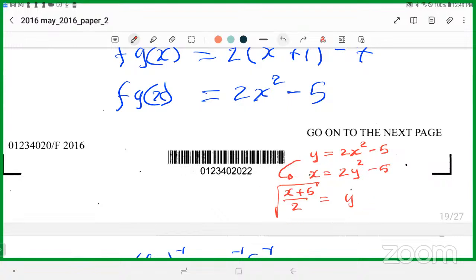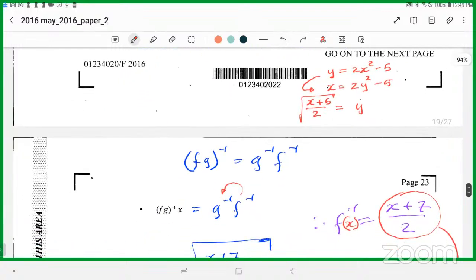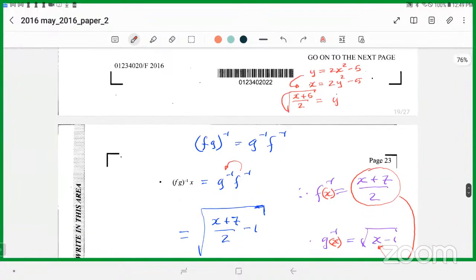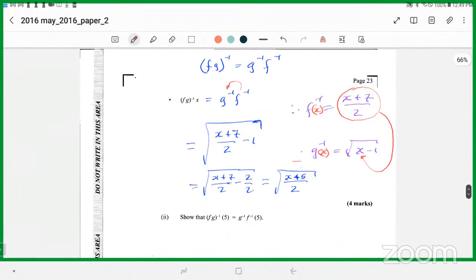The square root of (x + 5) over 2. This will be the inverse now. After interchange, and then making y the subject, I have the inverse of this function, which is what we wanted here, and this is the same thing I have down here.